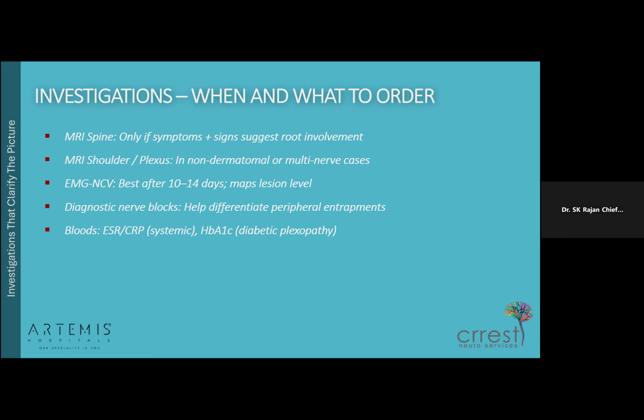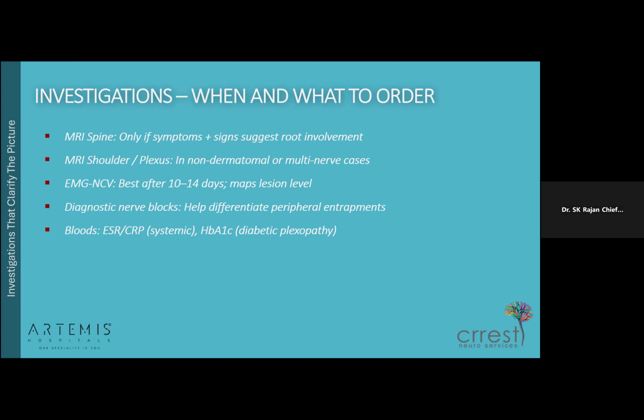If the patient has non-dermatomal pain and there is multiple nerve involvement, one should think in terms of brachial plexus involvement and get a brachial plexus MRI. Or if there's movement-related pain of the shoulder, then get an MRI of the shoulder done. And EMG NCV should be done only after about 2 weeks of onset of pain, otherwise you will not get the right report.